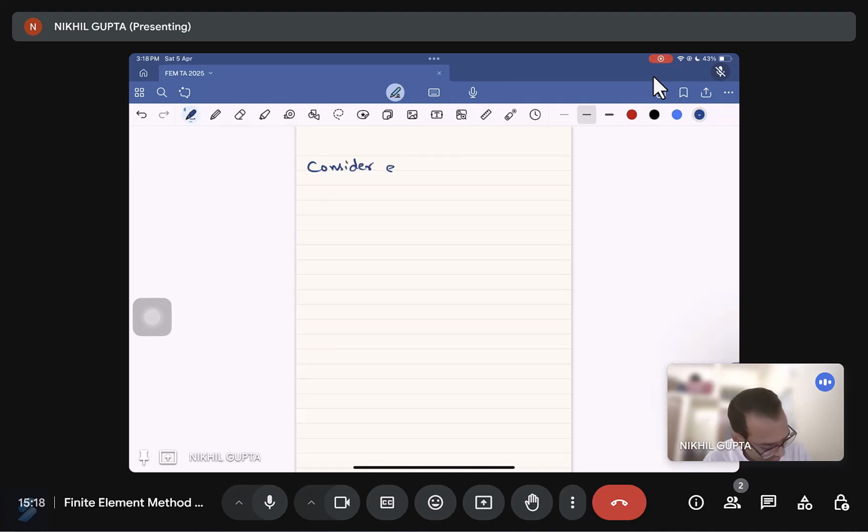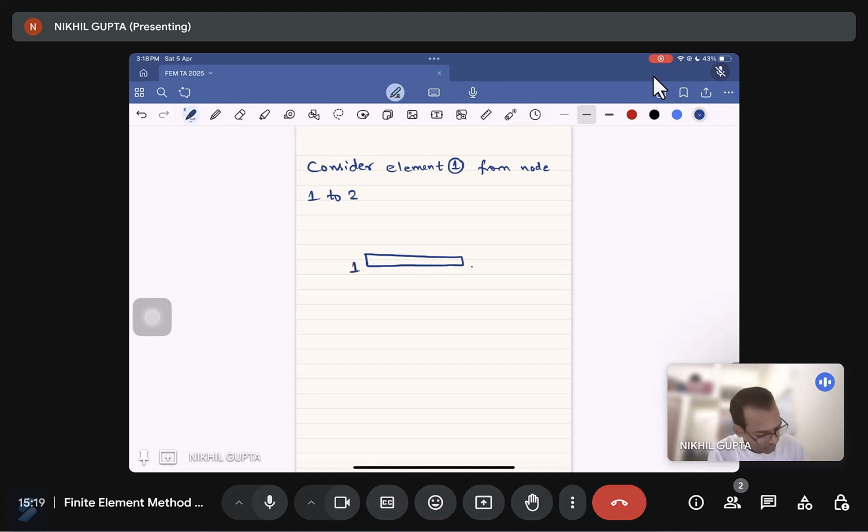Let's start. Consider element 1, from node 1 to 2. This is the node 1, this is the element 1.